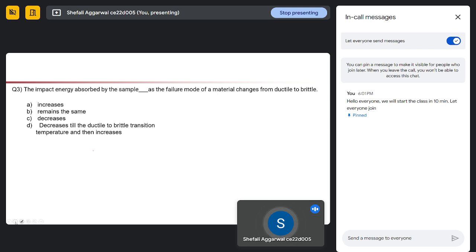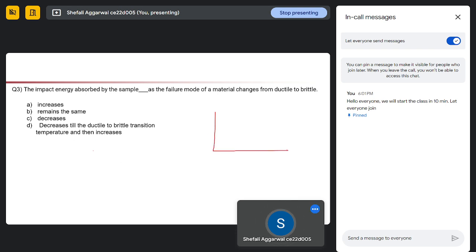So the next question is: the impact energy absorbed by the sample dash as the failure mode of the material changes from ductile to brittle. Increases, remains the same, or decreases till the ductile to brittle transition temperature and then increases.